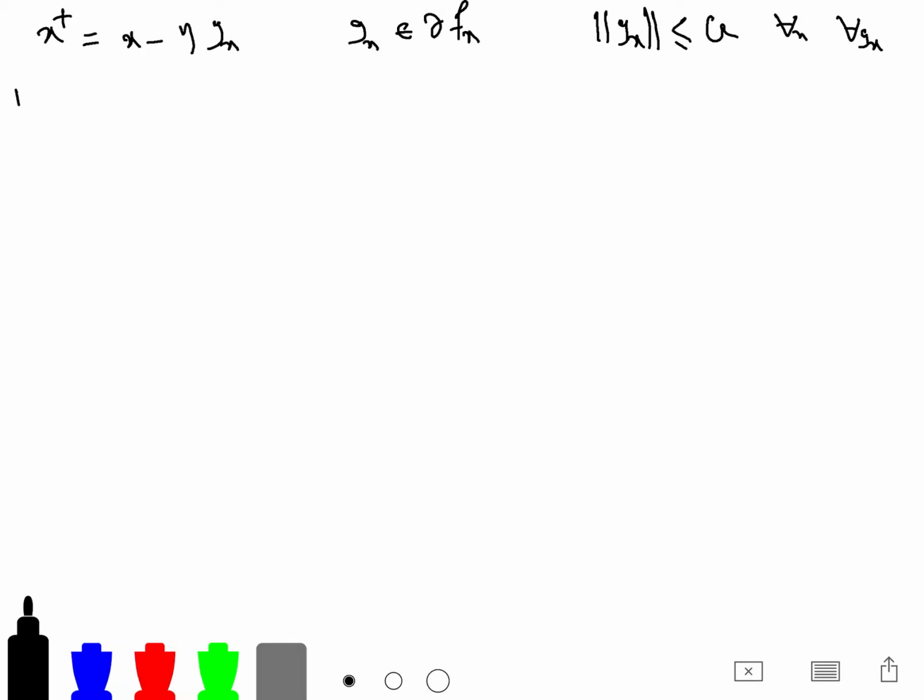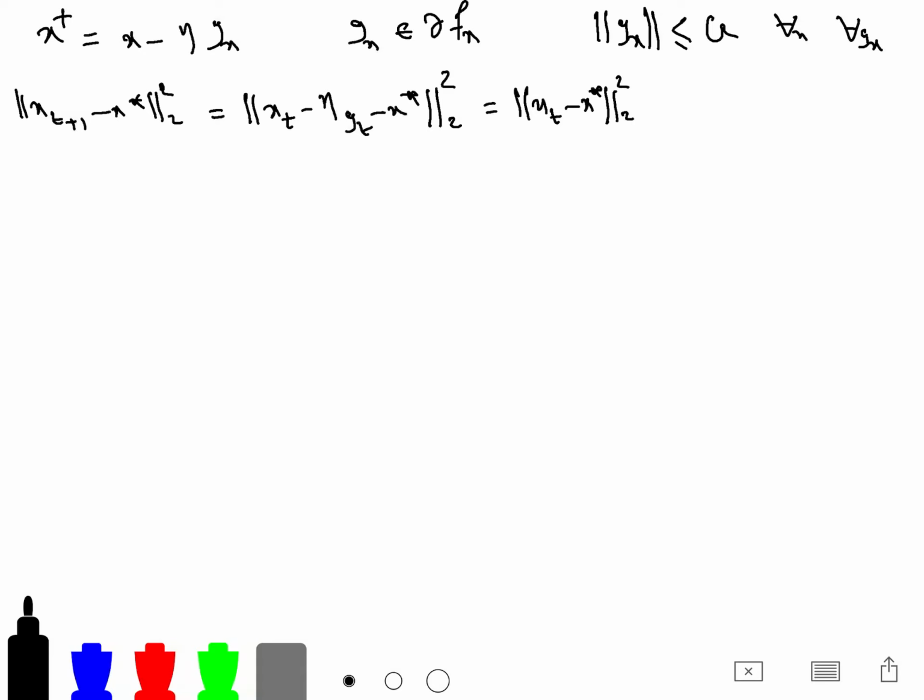So if we just write the norm of x_{t+1} minus x star squared, it is equal to the norm of x_t minus eta g_t minus x star squared. And if we just expand this, we have x_t minus x star squared minus 2 eta g_t times x_t minus x star plus eta squared g_t squared.